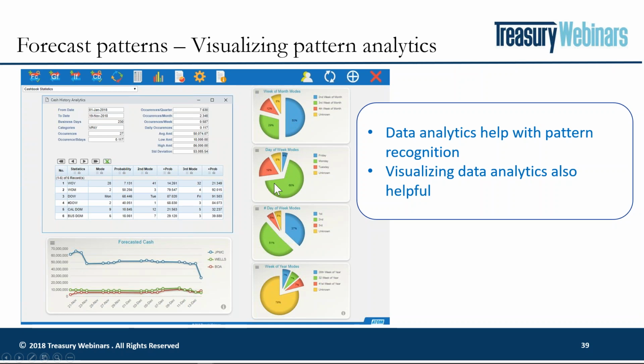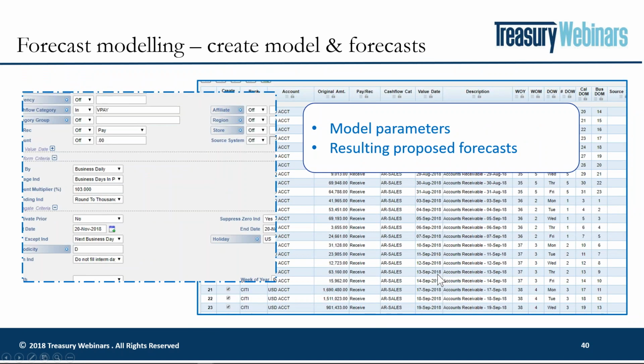So looking at that big green spot you can see for this category of payments, it typically happens on the second week of the month in that big blue on the top chart on Mondays. And this makes it so it just becomes much more obvious than combing through lots of statistics and data. You can just see it visually, and then you can take this back and improve your model, as we'll talk about more. Next slide.